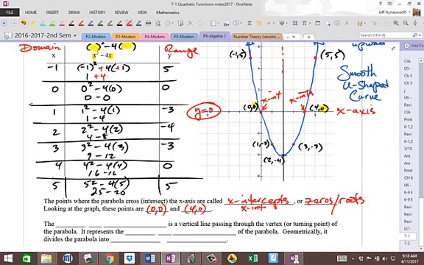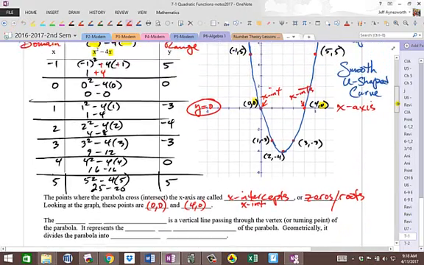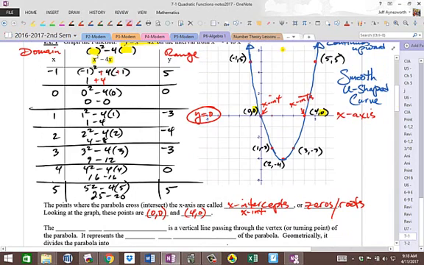It's just an imaginary line separating or dividing the parabola into two equal parts. It's called the line of symmetry or the axis of symmetry. So let's draw it as a dotted line first. Okay, right here. It's called the axis of symmetry.